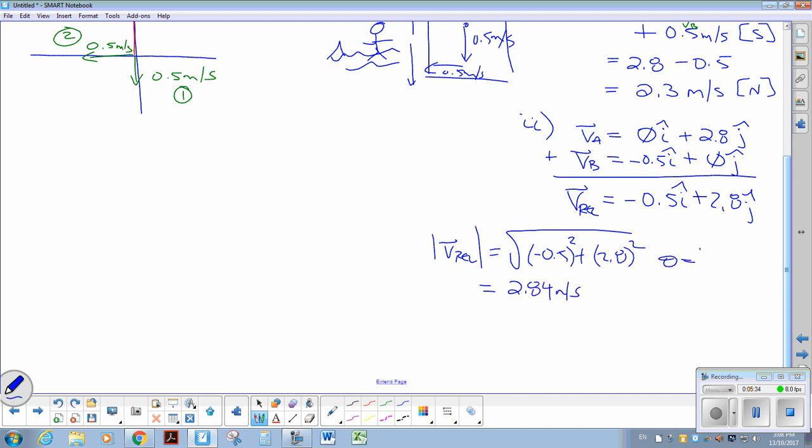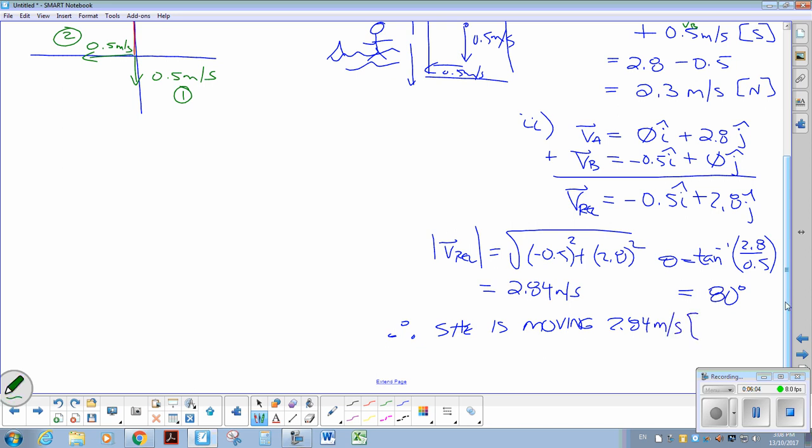Her angle, tan inverse of the y component over the x component. So shift tan 2.8 divided by 0.5. And that looks like, let's call it 80 degrees. So therefore she is moving 2.84 meters per second.